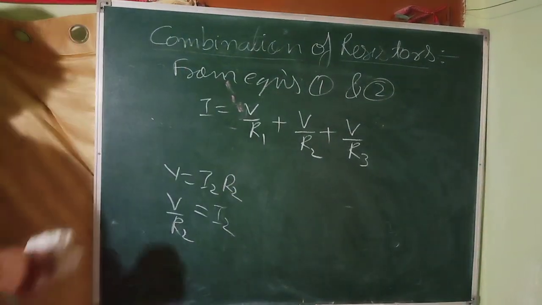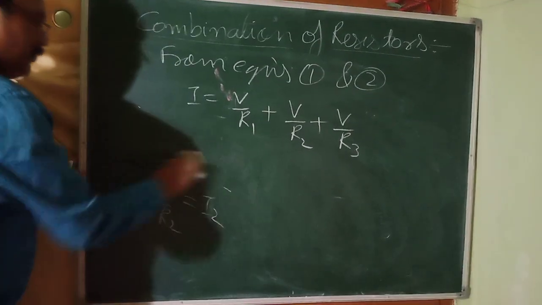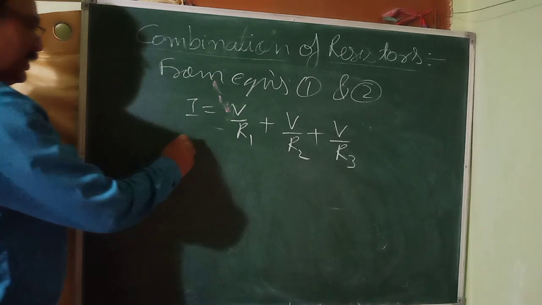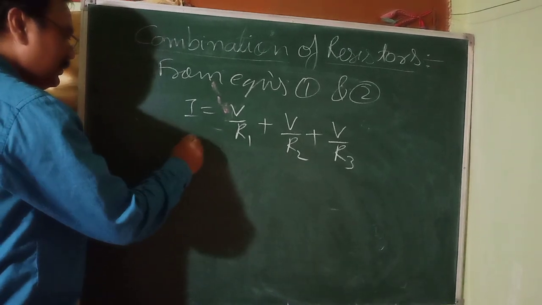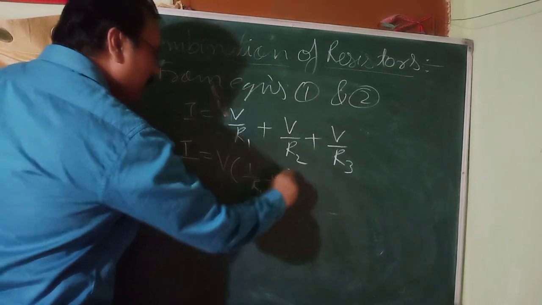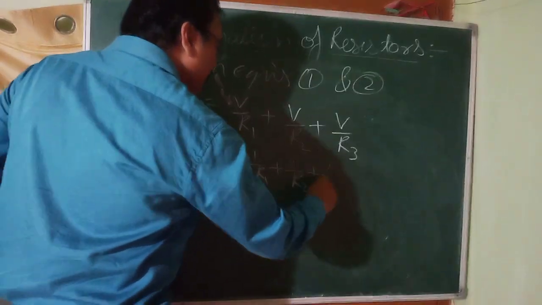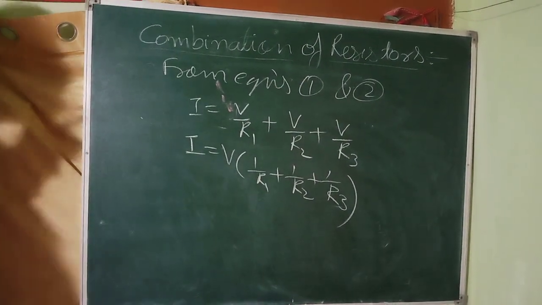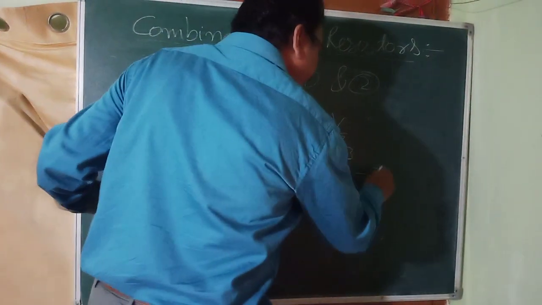That's why I have kept those values in this equation. And now our equation looks like this. When it is looking like this, what can we take common from here? We can take V common, and we will get 1 by R1 plus 1 by R2 plus 1 by R3. That's what we get. Let us mark this equation number 3.